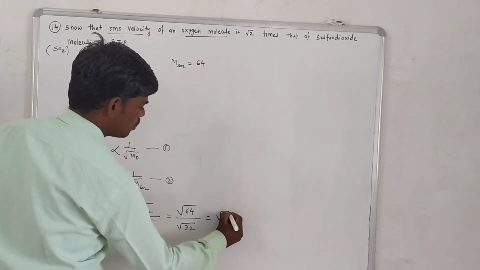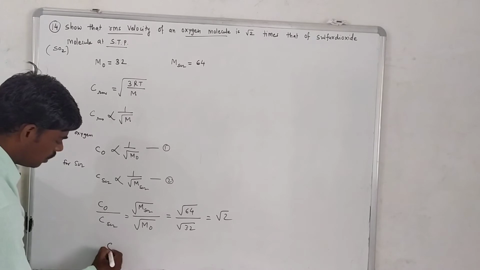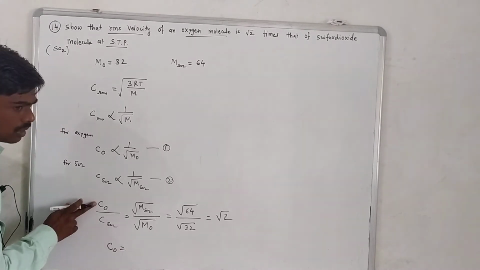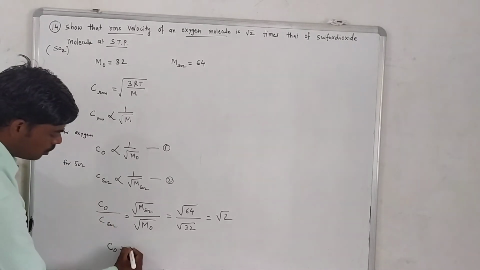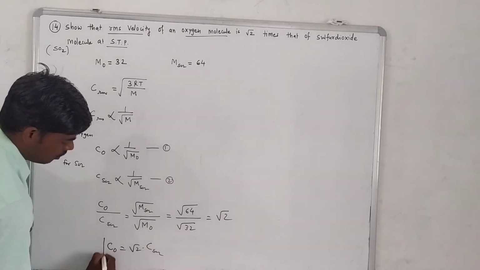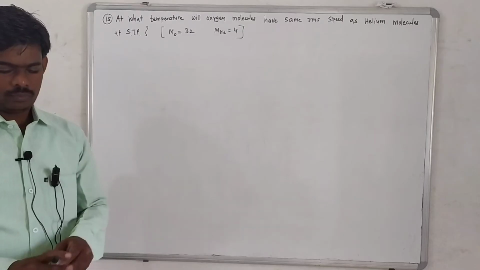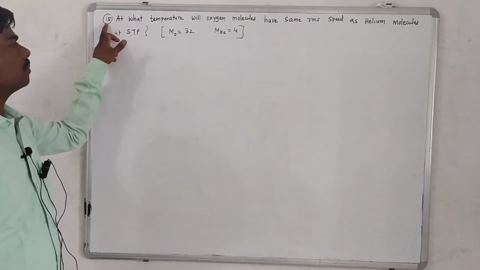It becomes square root 2. So the final result is that the RMS velocity of oxygen is root 2 times the RMS velocity of the sulfur dioxide molecule. This is your result.